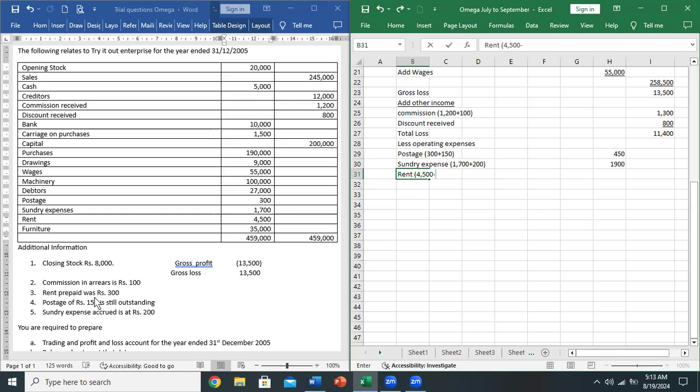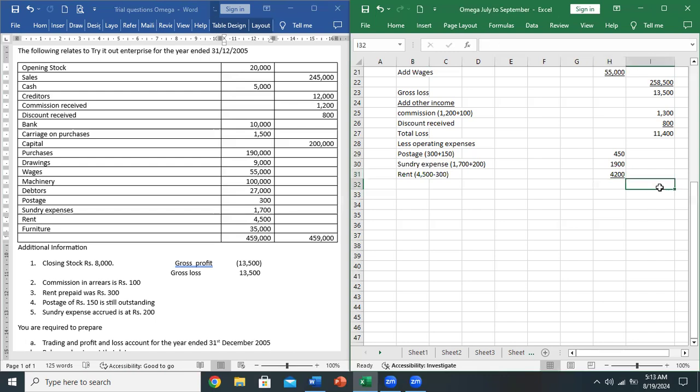So we are going to less the 300 from it to get 4,200. After that, you move on. The next one is furniture. We don't need furniture as an asset. We've dealt with closing stock, commission, rent prepaid, postage. So we are done.